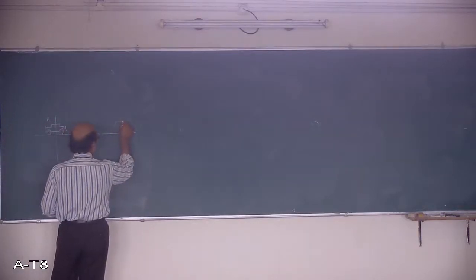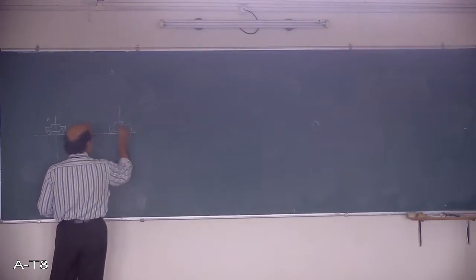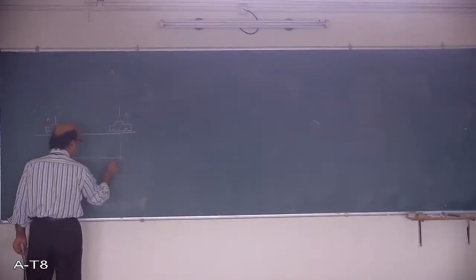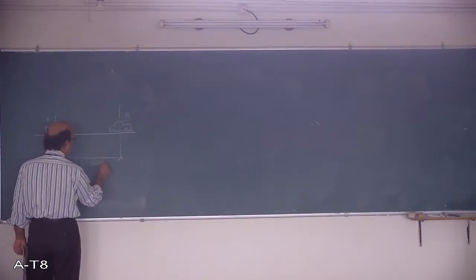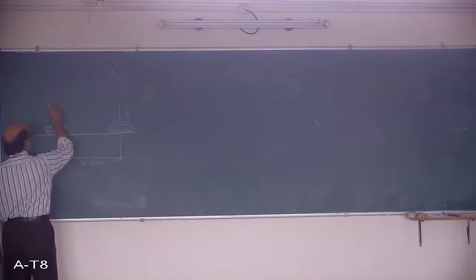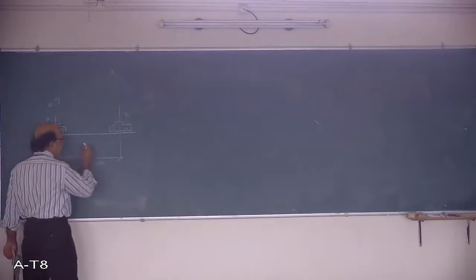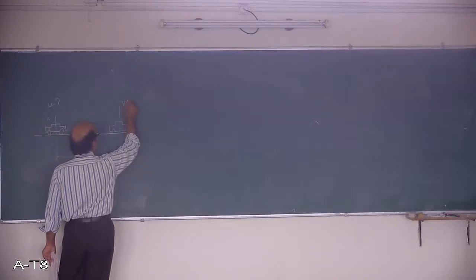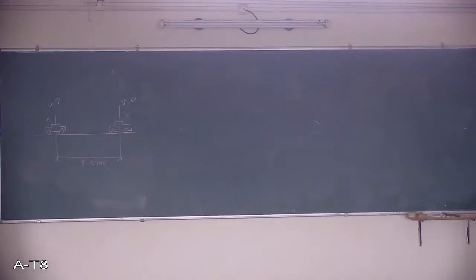It goes and stops at a certain point, which I call B, and this distance S is equal to 60 meters, as given. It took 60 meters to stop. Earlier it was at a certain velocity, I don't know, and suddenly the brake is applied and it skidded for a distance of 60 meters and halts. The final velocity of this vehicle is 0, and it skidded for a length of 60 meters on a straight road.